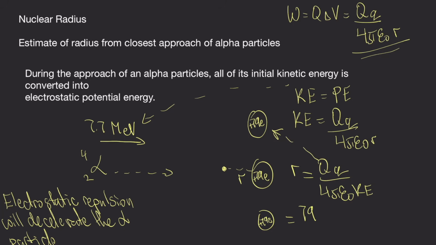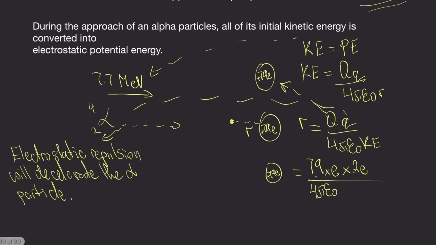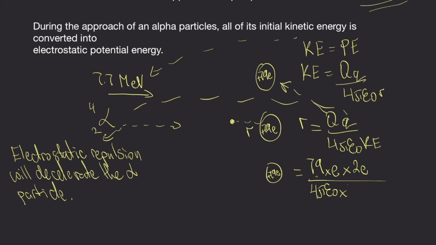If the substance is other than gold, it will be a different number, but this number will be given in the question, multiplied by e, where e is the elementary charge, and then the other one will be the charge of the alpha particle, which is just 2e. We're going to divide this by 4 pi epsilon naught times the kinetic energy, which is 7.7, mega is 10 to the 6, multiplied by the elementary charge, e.